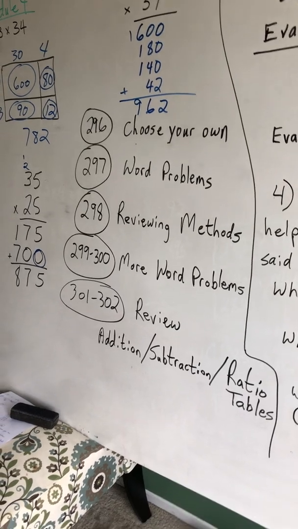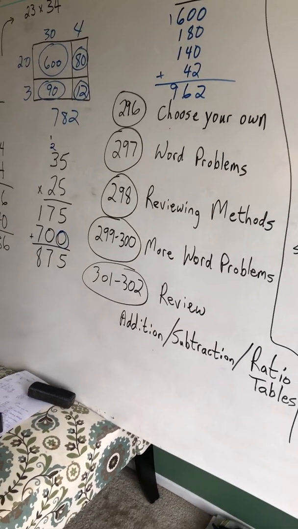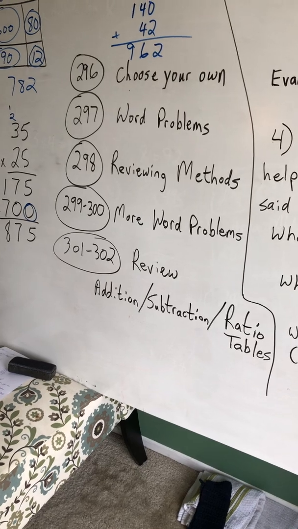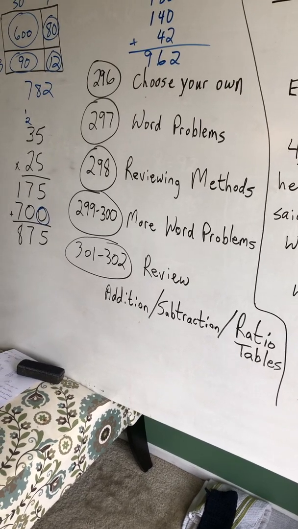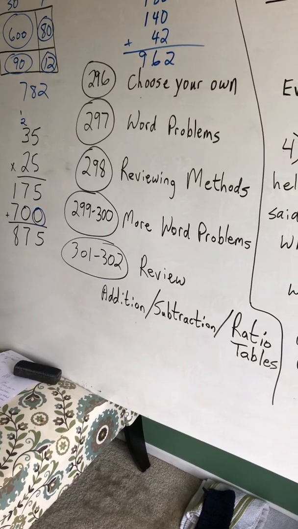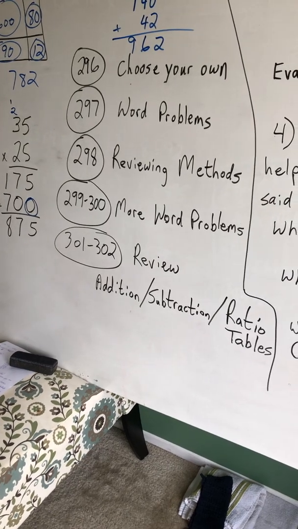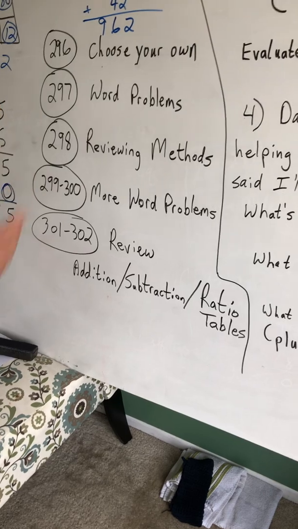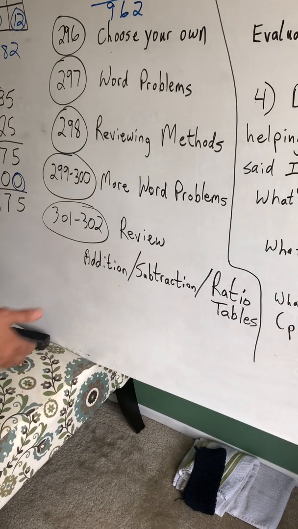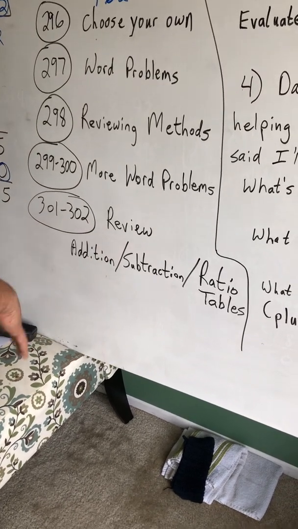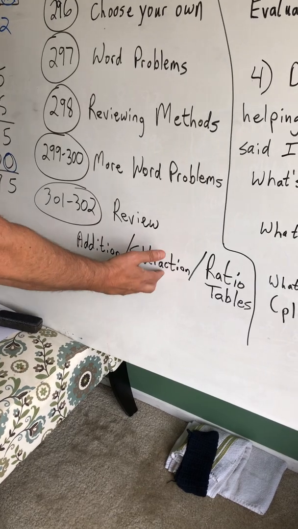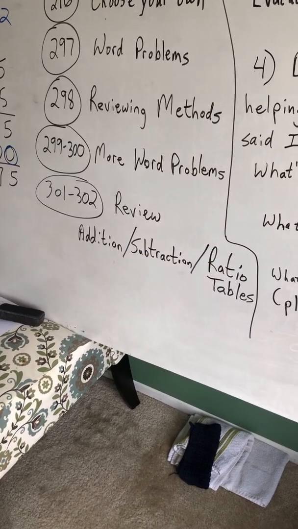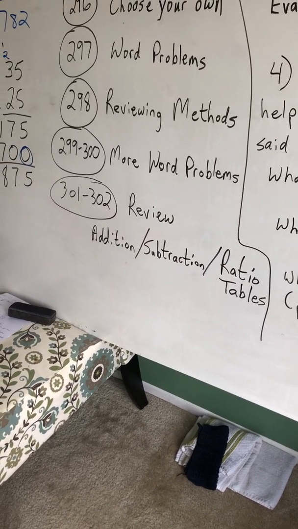Just the same as before, they want you to take the different methods you learned and put them towards word problems. And then the last couple pages, 301, 302, is just a big 4th grade review. You got addition. I mean, I'm talking regular addition, subtraction, and then some ratio tables to do.